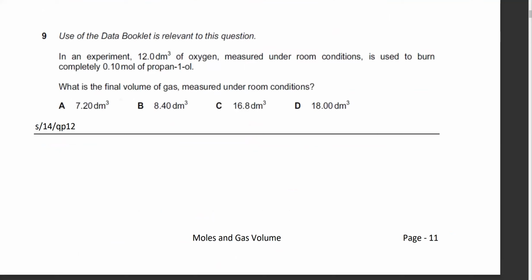It's propan-1-ol, and he's saying propan-1-ol is burnt completely. So there's complete combustion happening. Propan-1-ol is C3H7OH, and when you burn it, it produces CO2 and water.